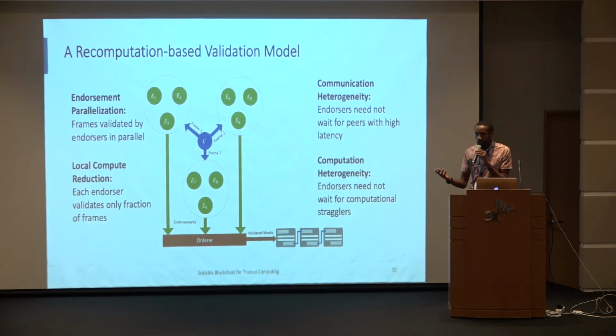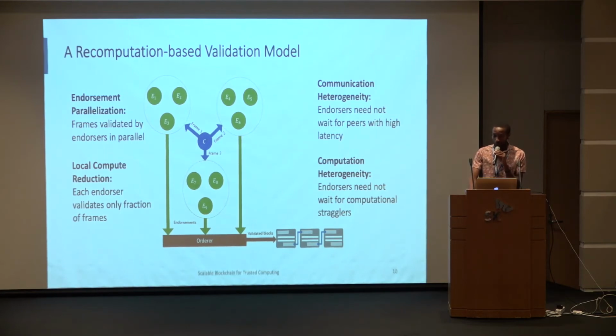Thereby the orderer then checks the consensus and appends the frame to the ledger. And it's good to note that since the frames are validated in parallel, each endorser performs a fraction of the computations, which helps in handling the heterogeneity in communication and computation delays, which can be better handled. So that's the computation-based validation model.